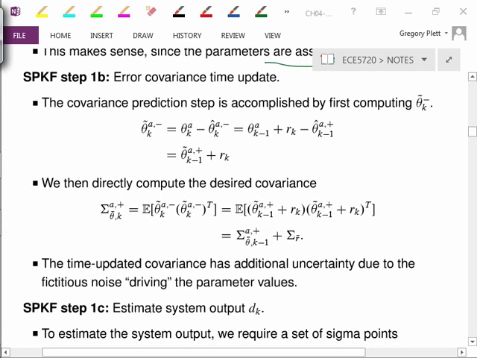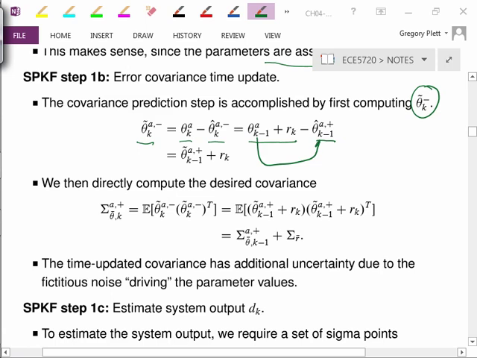The next step in sigma point Kalman filter, if you remember, is to compute the covariance of the prediction error. And to do that, we first derive an equation for the prediction error itself. So prediction error is equal to truth minus prediction. The truth is this, the prediction is that.